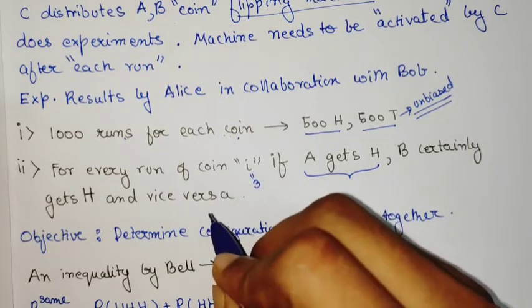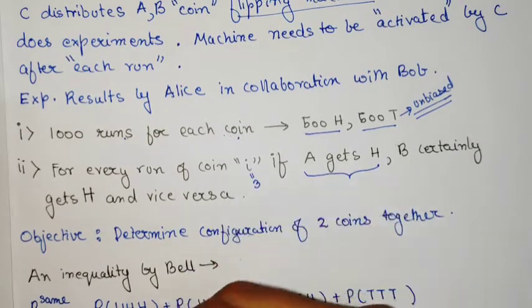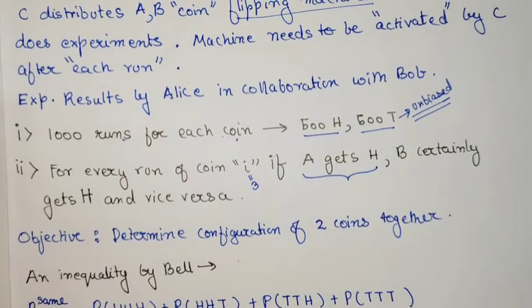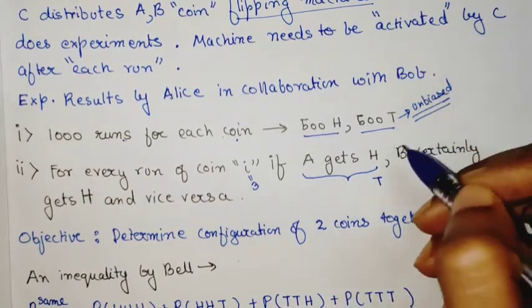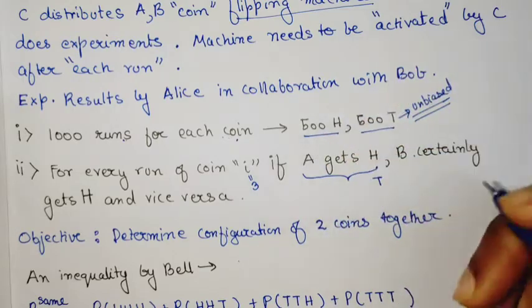So there is a correlation present in the way these coins are prepared by Charlie, or the way Charlie activates this machine. But the point is, for any coin, if Alice gets head or tail, Bob is also getting head or tail respectively.